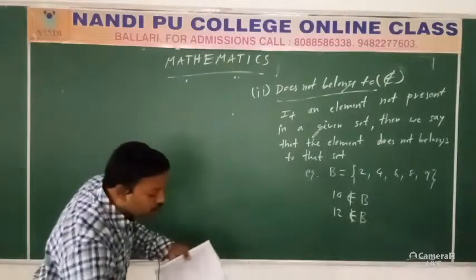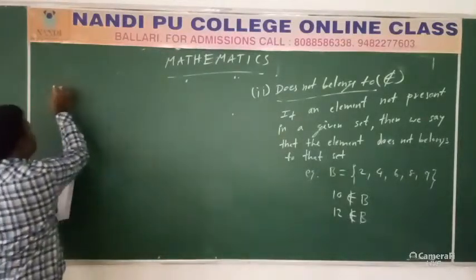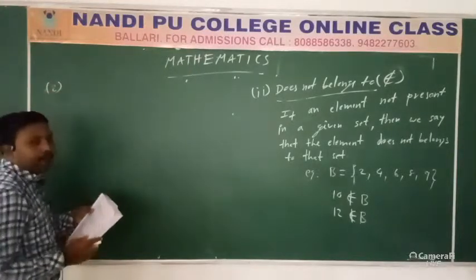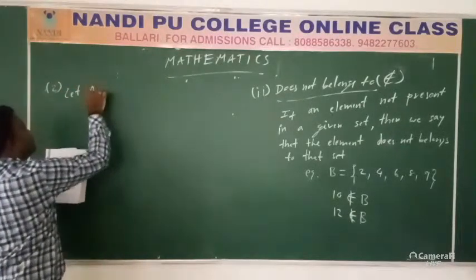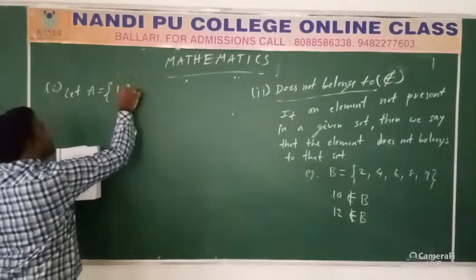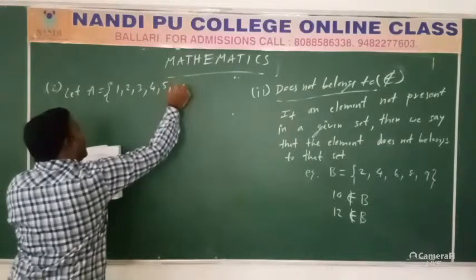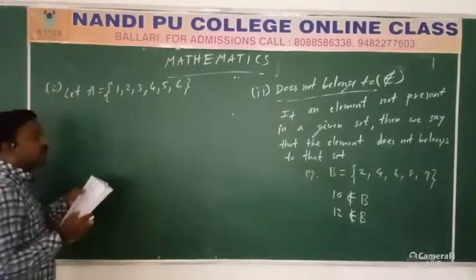Next we will do question number 2. Let capital A be equal to the set of numbers 1, 2, 3, 4, 5, 6.